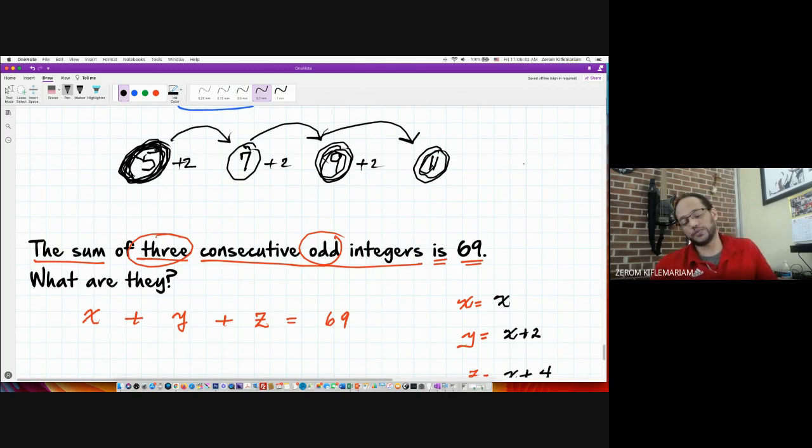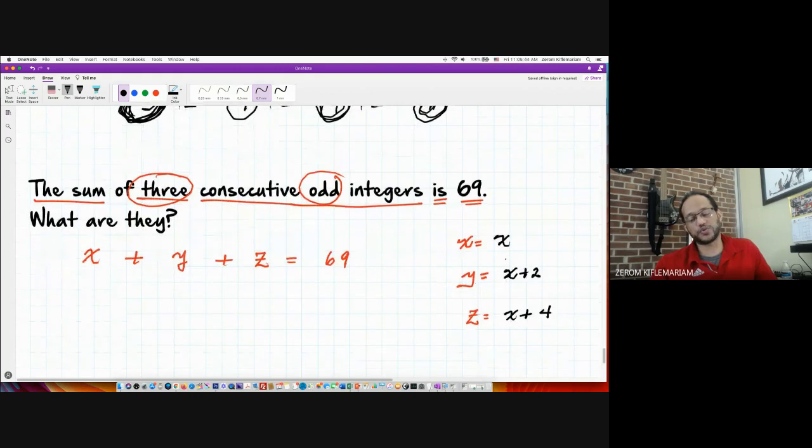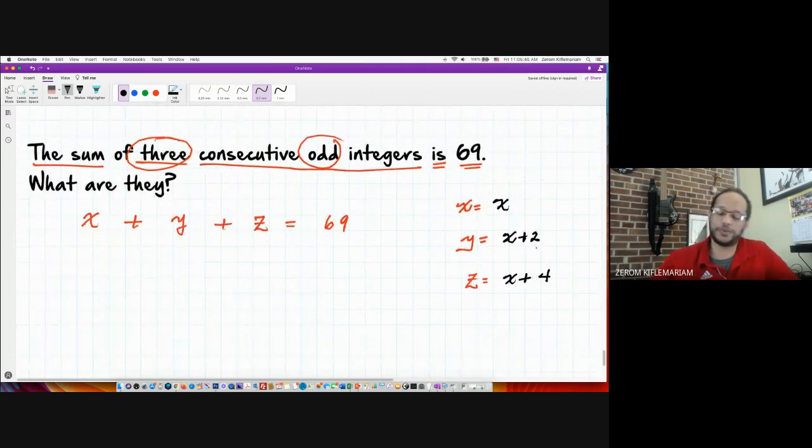So since we are dealing with three numbers, if the first one is just x, the next one will be plus 2. The next one will be plus 4. If there was another number, it would be plus 6, and so on. So if I try to replace this, it would be x plus, this would be x plus 2 plus, and this would be x plus 4.